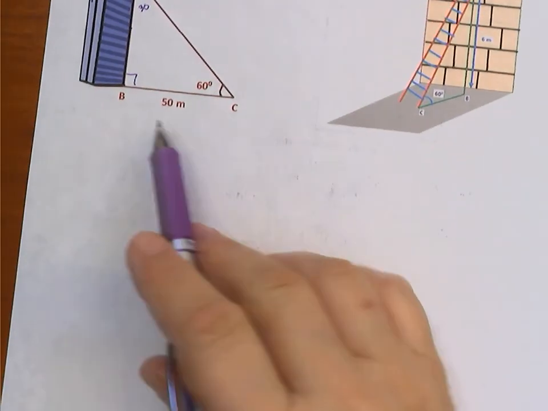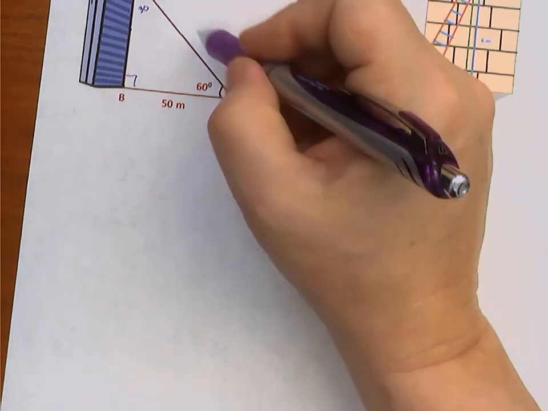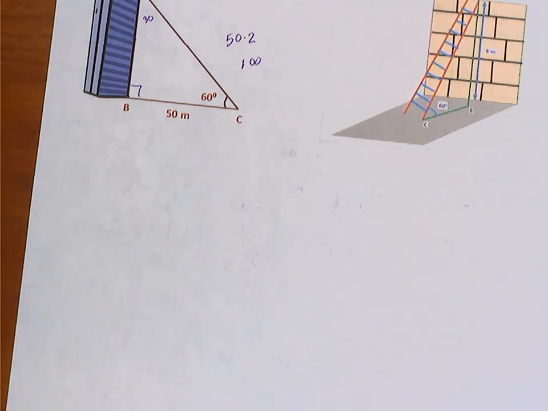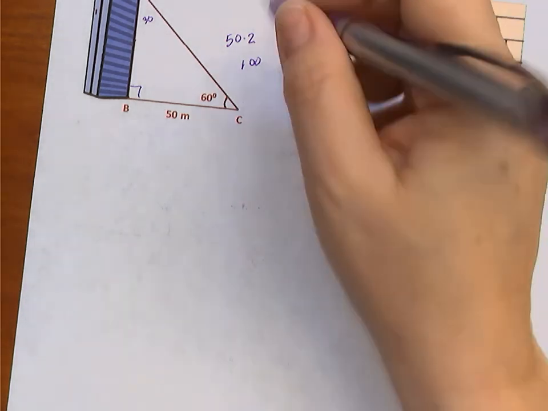So I'm going to multiply this by 2. That's going to tell me that this is 100 meters.